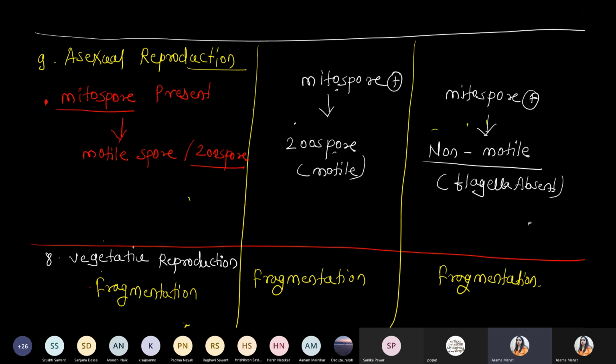Okay. In all scenarios mitospores are present, but where is the change happening? In the first and the second, there is the presence of the motile spore. Motile spore means it has flagella.